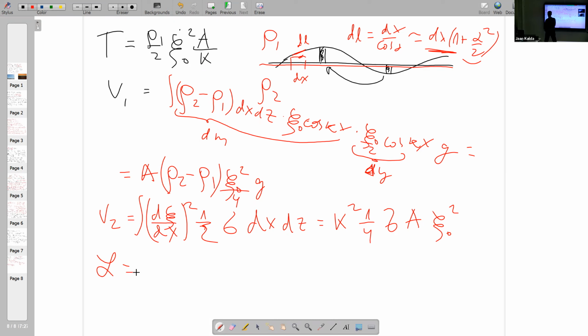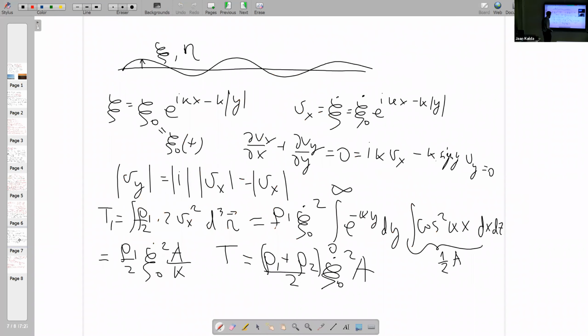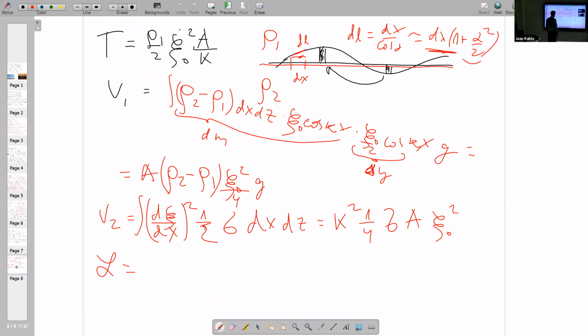I hope I didn't make a mistake. Let me check here over here. It seems okay. I'm not sure. Maybe I have made a mistake with vectors too, but we'll see if we have or not. Now the Lagrangian, based on the final result, will let me decide if I made a mistake or not. And if I made one, then I need to find it.